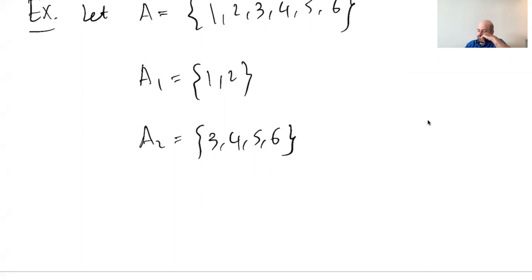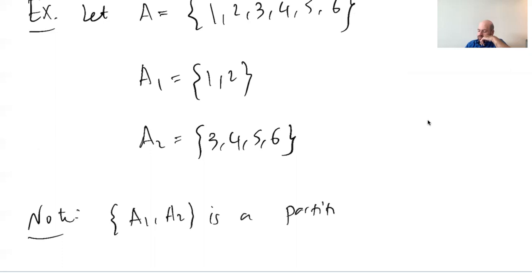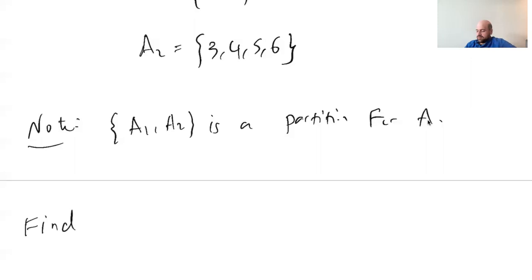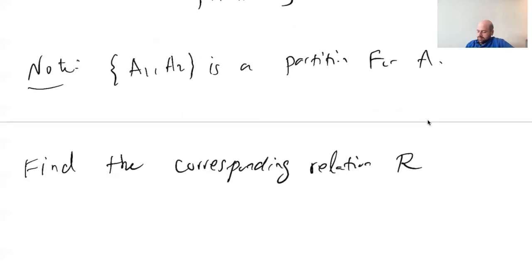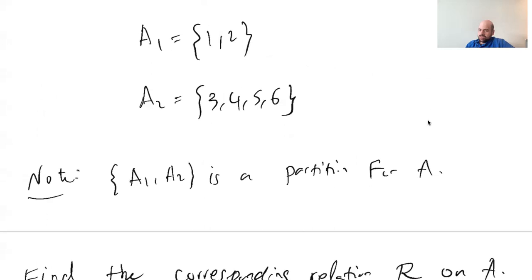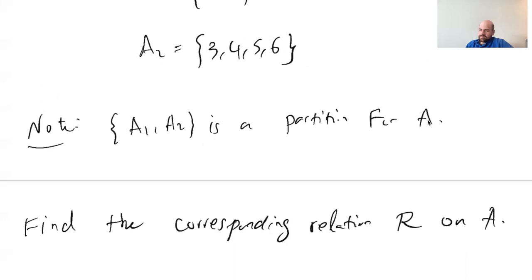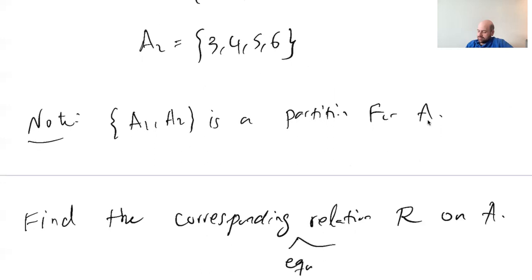Note A1 and A2 is a partition for A. Find the corresponding relation R on A. Okay, so we know that every partition corresponds to an equivalence relation, the corresponding equivalence relation R on A.